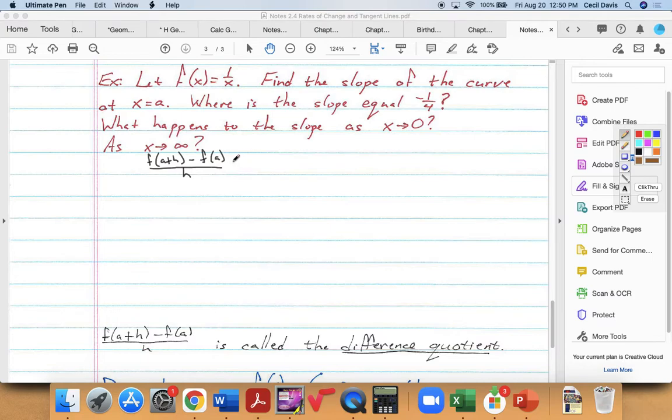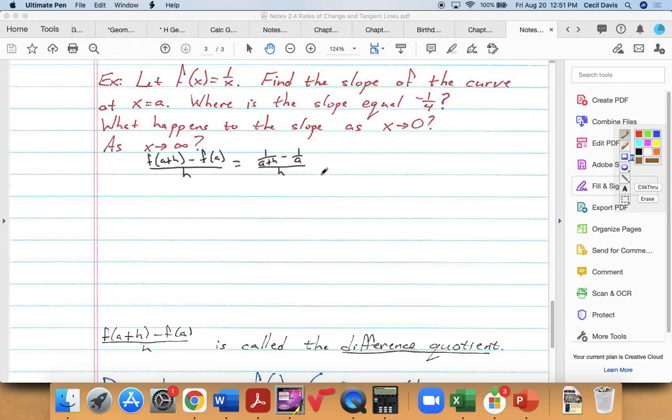So that's going to be 1 over a plus h minus 1 over a, all over h. And we want to simplify this.